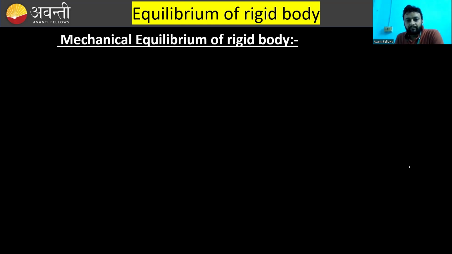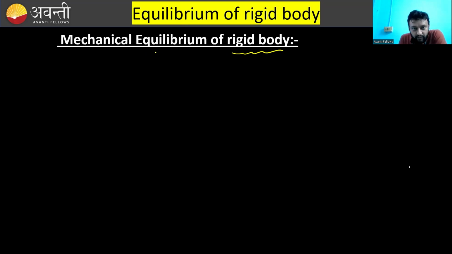When we say equilibrium, for a rigid body there are two types of motion. One is translational motion and the other is rotational motion. So if the body is in both equilibriums, translational and rotational, then it is said to be in mechanical equilibrium of the rigid body. Listen to me again.